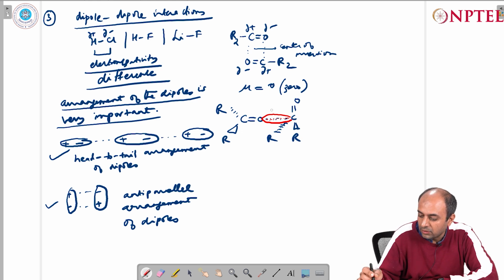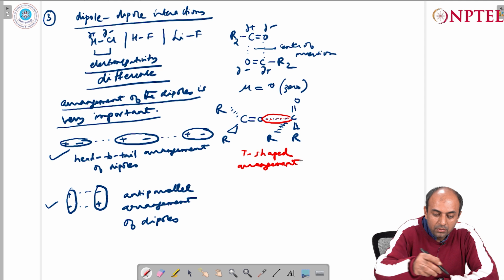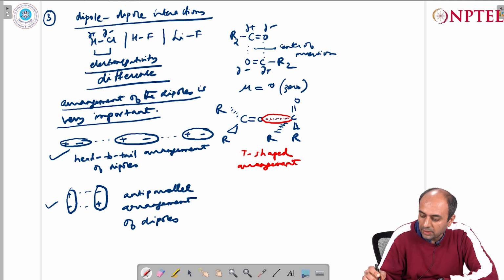However, this particular arrangement is called a T-shaped arrangement, where you can see that overall one acetone molecule interacts with another acetone molecule. And what is important is to keep these arrangements in place via dipole-dipole interactions.